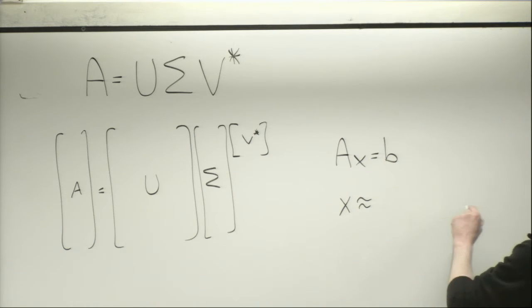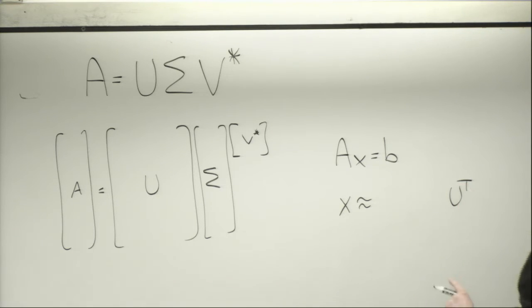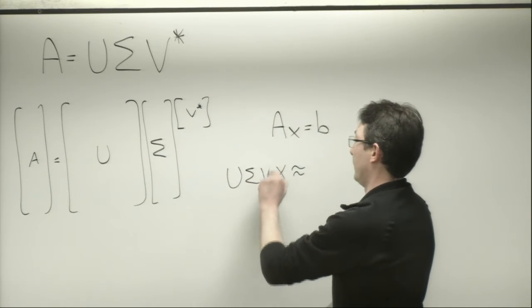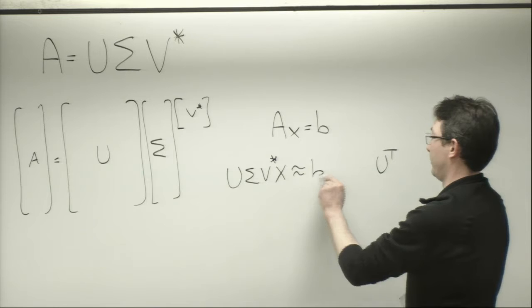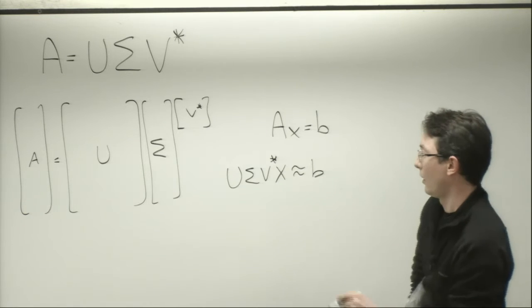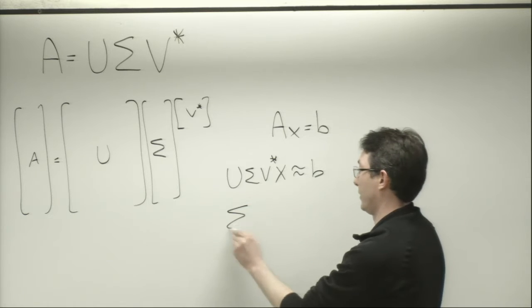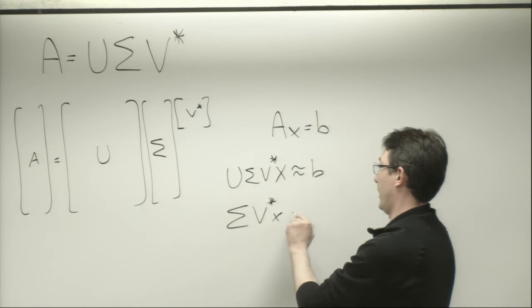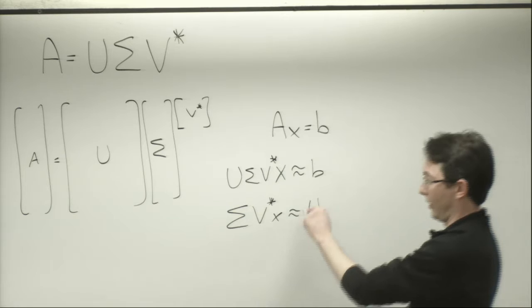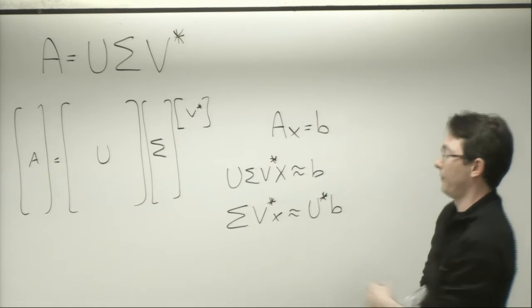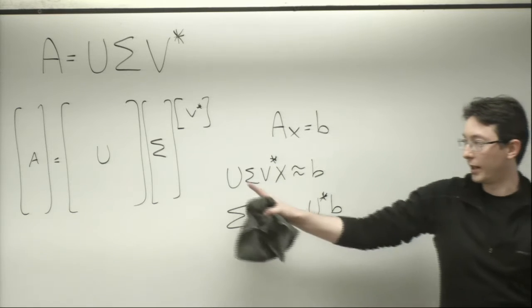Okay, so let's just write this out. We have U sigma V star X equals B. And so I'm just going to left multiply by U star, and I get sigma V star X is about equal to, I'm going to write approximates because there's some things that are happening here, U star B. So I multiply both sides by U star, and I get an identity here.